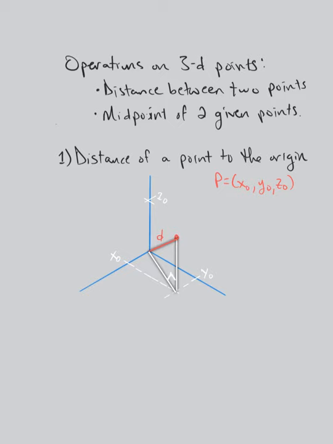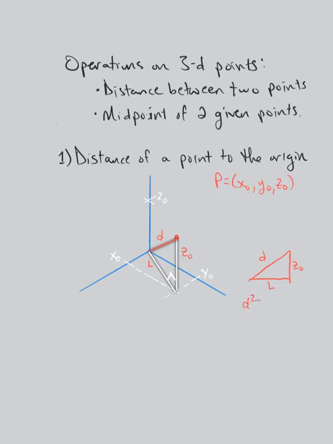Okay, now if you think about it, the height of this triangle that I just drew is z naught. The problem is that I have this length right here that I don't know yet. So I'm just going to call it h, or I'll call it L for a leg, except my L's kind of look funny, so I'll use a capital L. All right, so what we have right here is a right triangle whose height is z naught, whose leg is L, and then D is what we're trying to find.